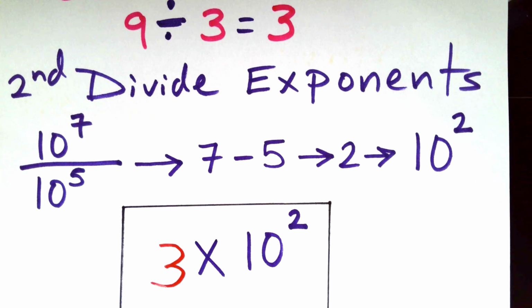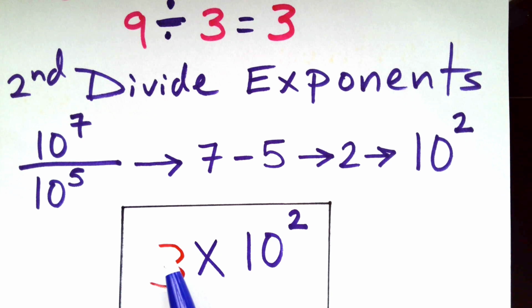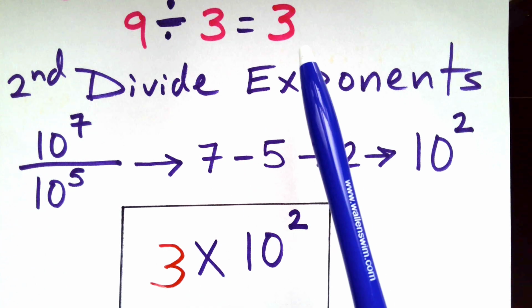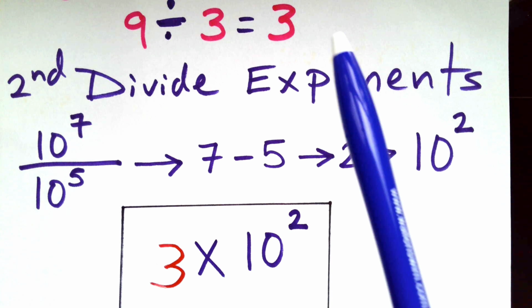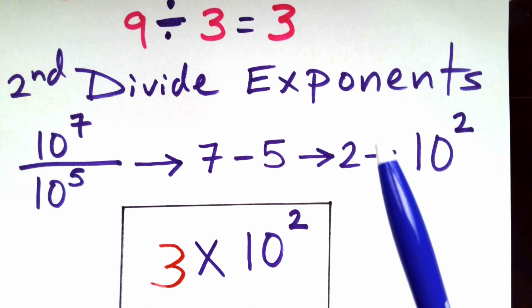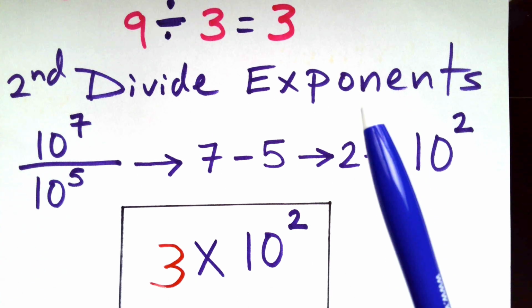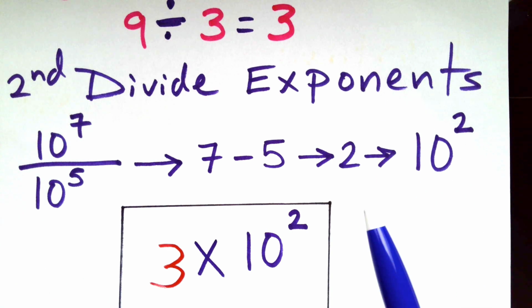Okay, so I've corrected my mistake, and my final answer, it's not 9 times 10 to the second power, it's 3. Why? Because 9 divided by 3 equals 3. So 3 times 10 to the second power. I recognize where I went wrong because I'm writing clearly, giving myself lots of space.